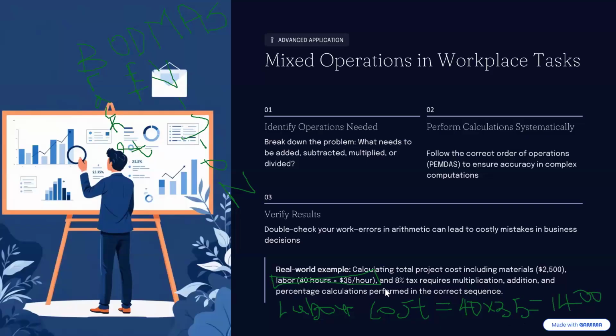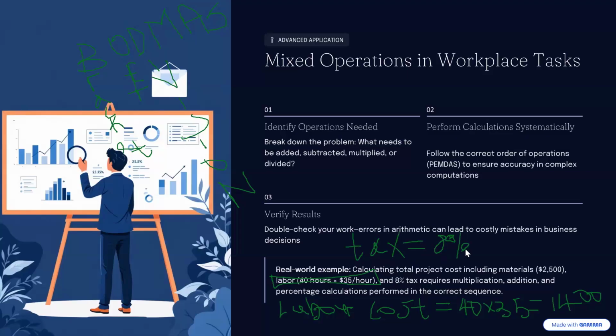The second operation is that we are saying that there is 8% tax, which means we have to take 8% of the materials. The material is 2,500. So tax is the second item because it has the of in BODMAS. Tax is equal to 8% of 2,500.